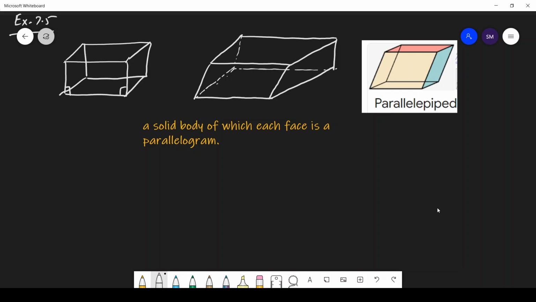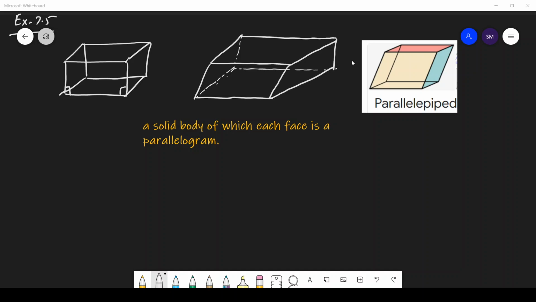Now, what is the volume of the parallelepiped?